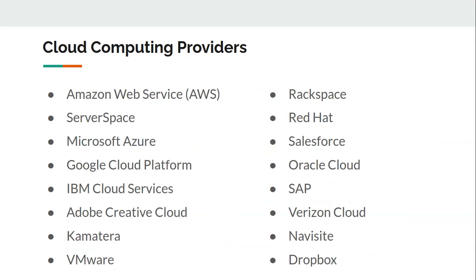I think many people are versed with Dropbox, Google Cloud Platform, Microsoft Azure, AWS. But the world is actually going towards cloud computing. That's a disruptive technology.